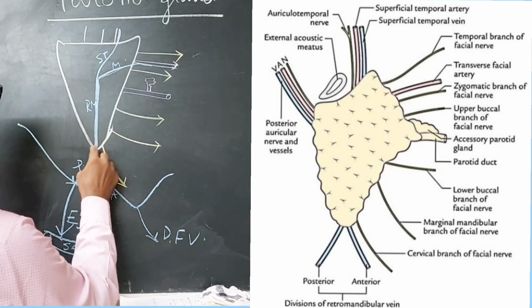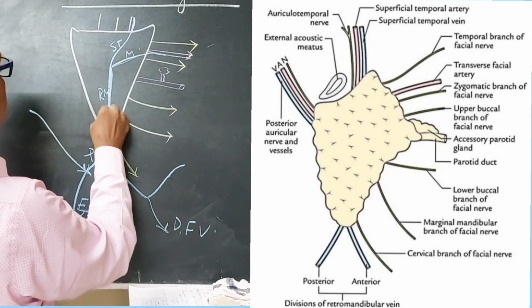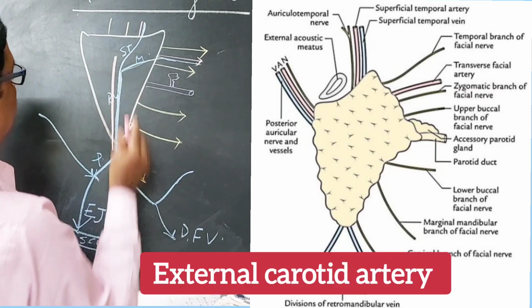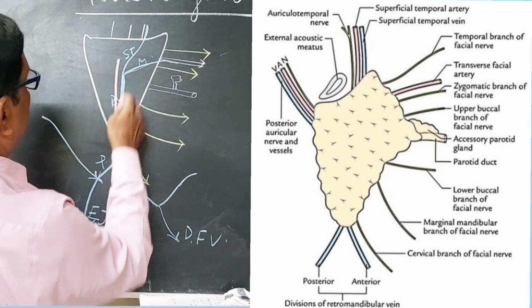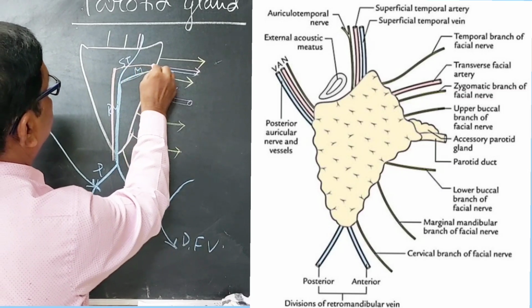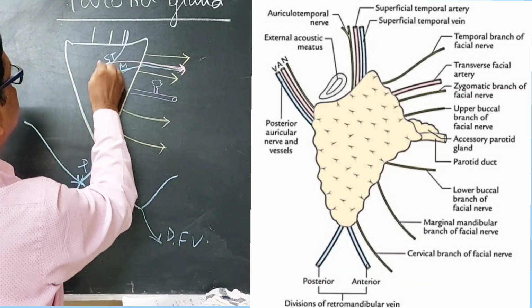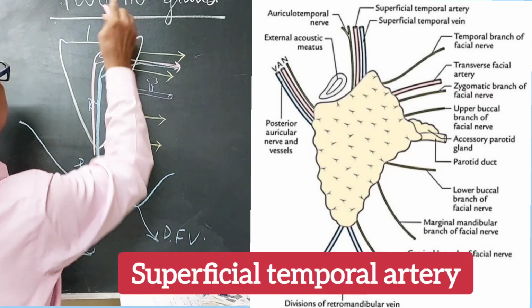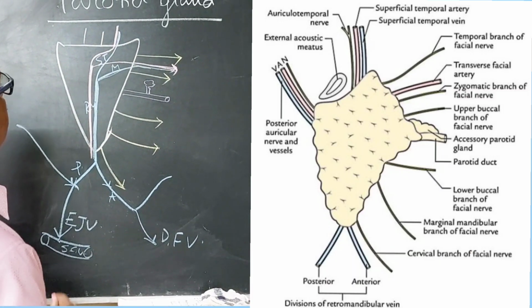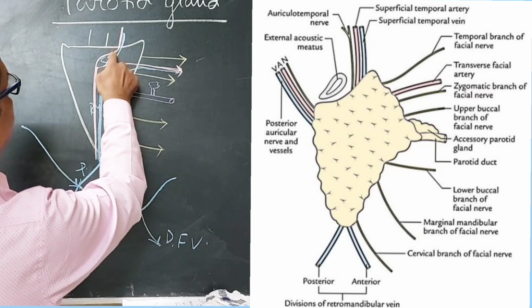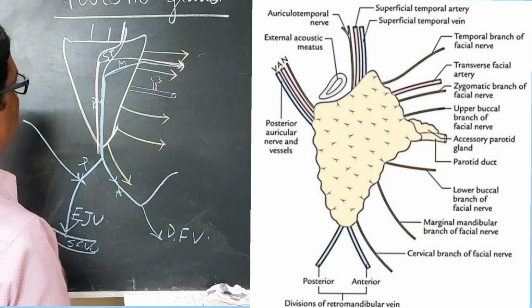Similarly, the artery, when it enters, this artery is the external carotid artery. This divides into supramaxillary artery, comes out through the anteromedial surface, and this is superficial temporal artery. The superficial temporal artery gives another branch.